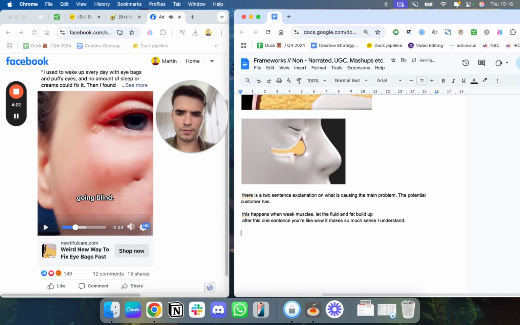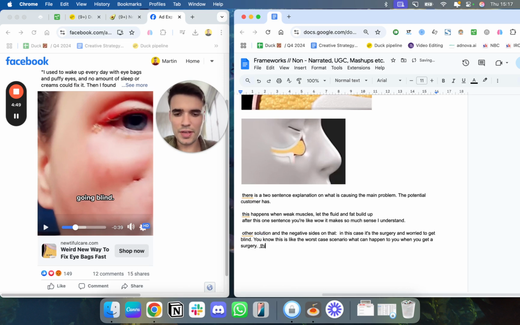Okay, so other solution, negative on that. In this case, it's the surgery and worry about getting blind. You know, this is like the worst case scenario of what surgery can do.